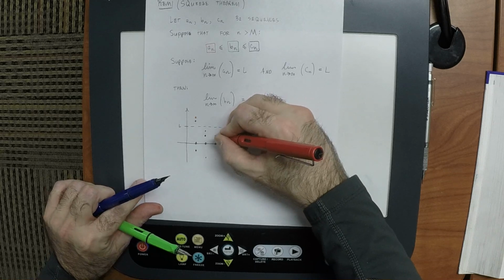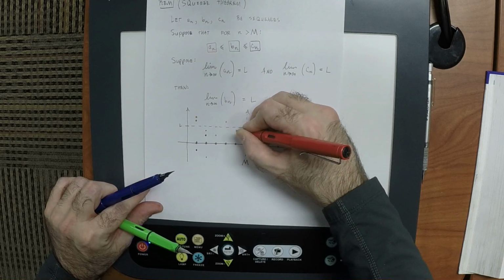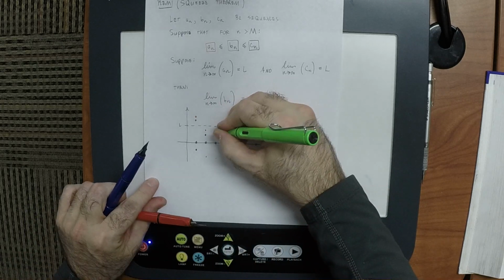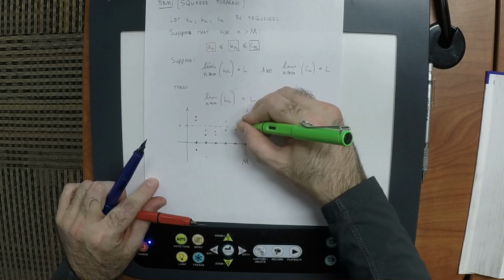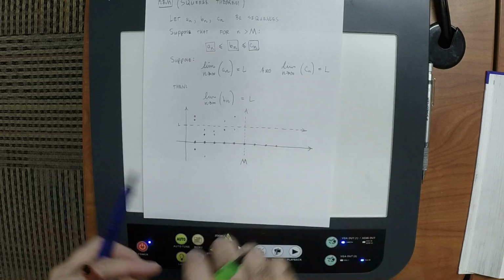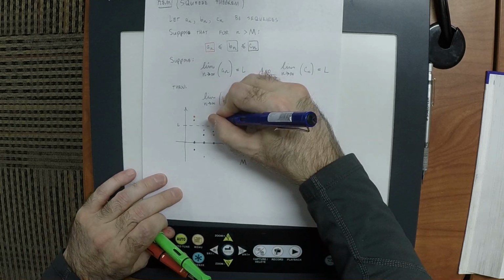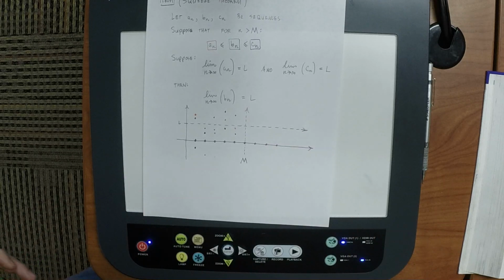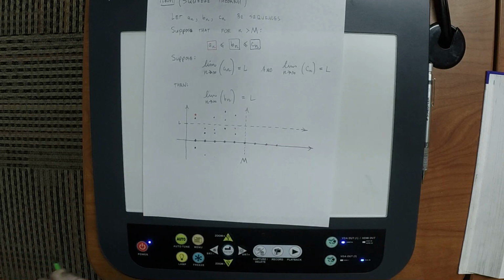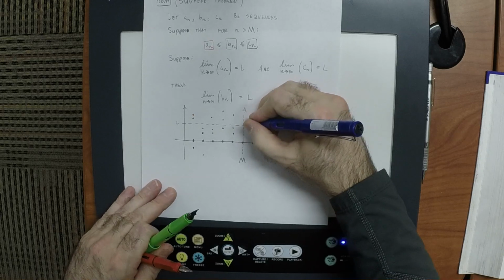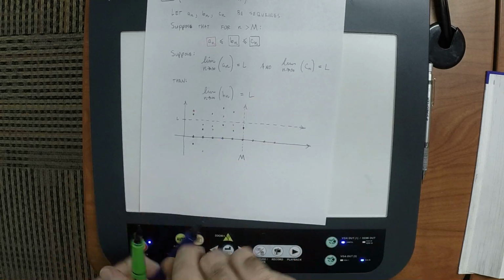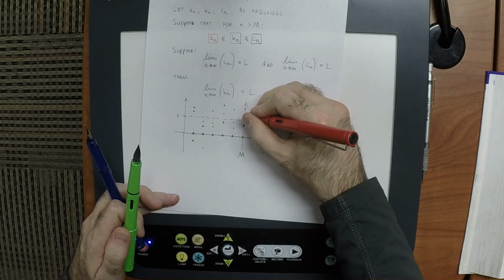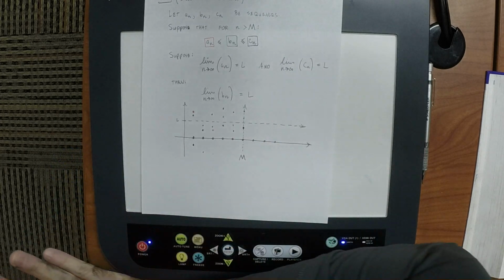Maybe red, red, red, green, green, green, blue, blue, blue. So the red, green, and blue sequences can be doing anything for a while. They can also do anything right there on that one. They can be in any order. But from now on, two things must occur.